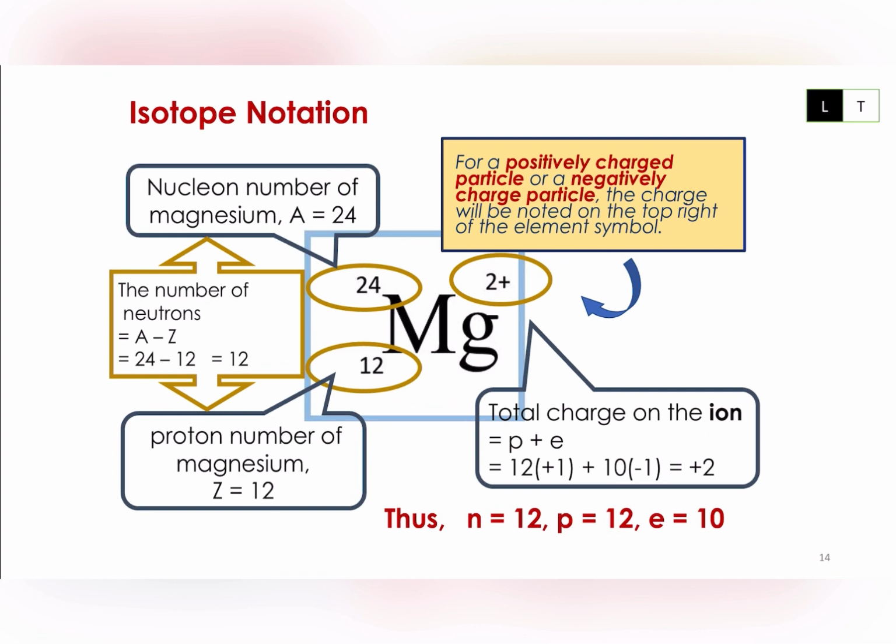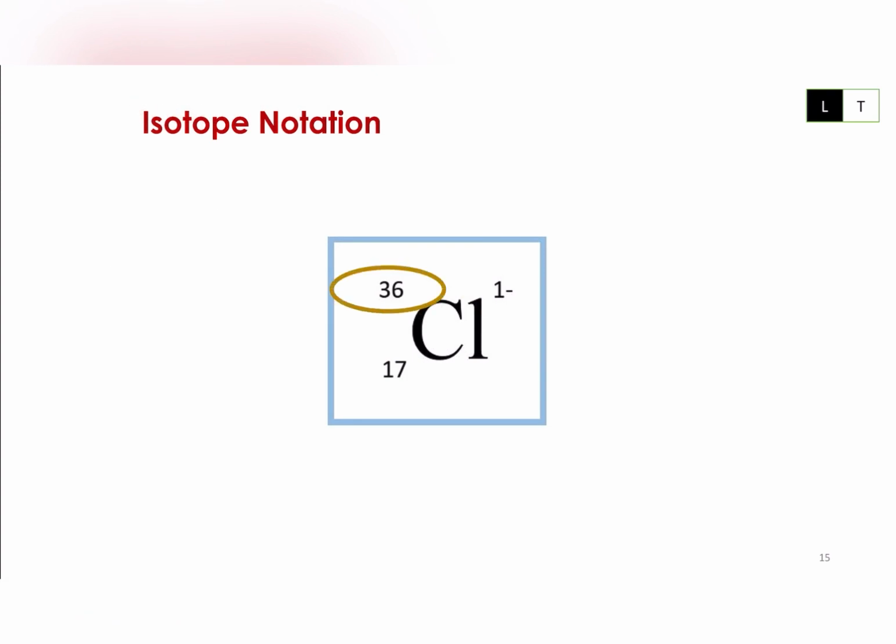That's why we have to minus 2, so the number of electrons is less by 2 than the protons. So in this case, for an ion, you should understand that the number of protons is not the same as the number of electrons.